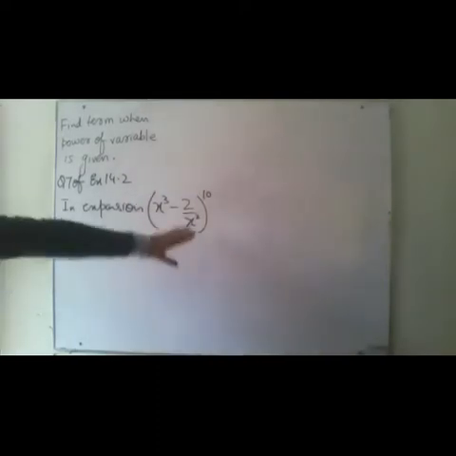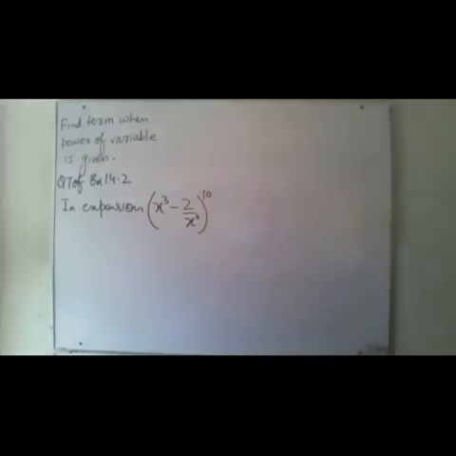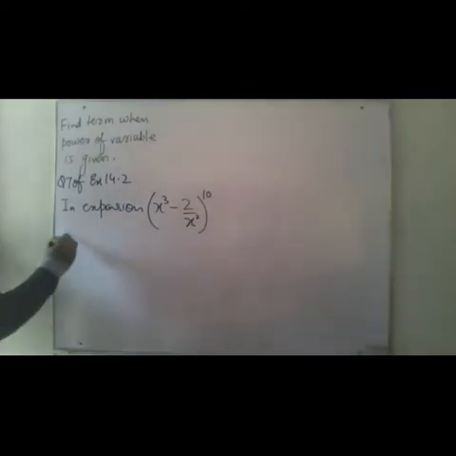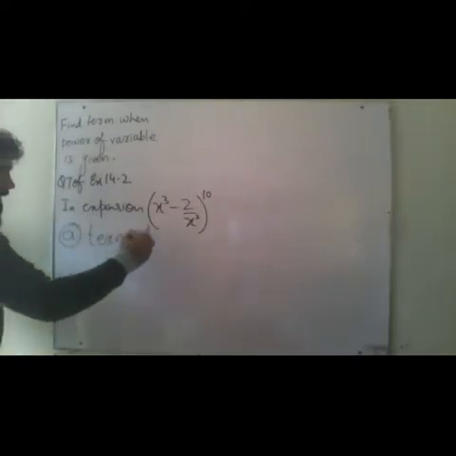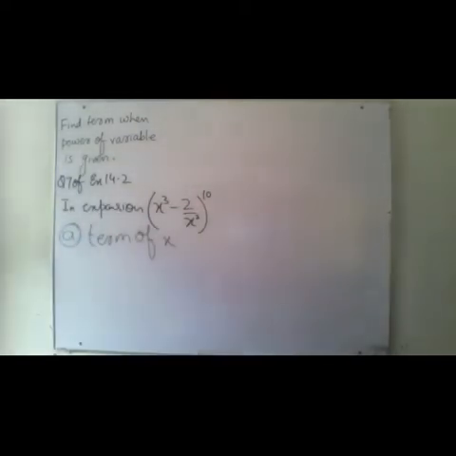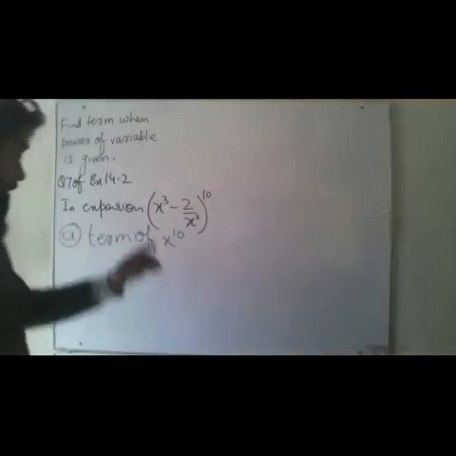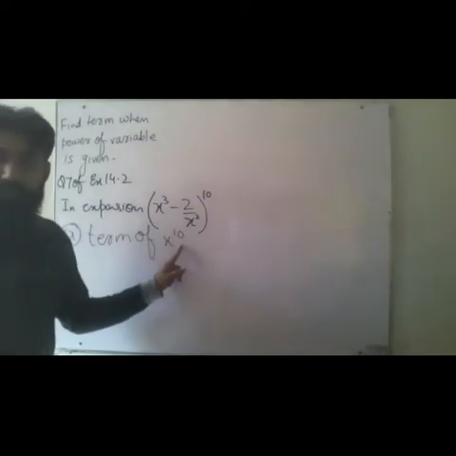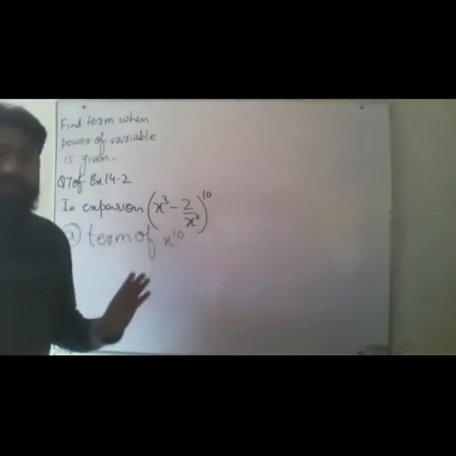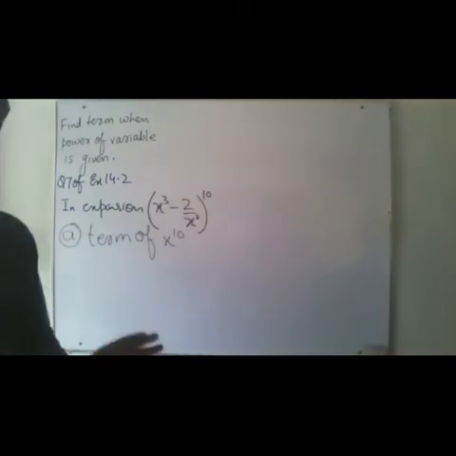In the expansion of this thing, I have to find different terms. Okay, first one, I have to find the term of x power 10. I have to find that term in which x is having power 10.